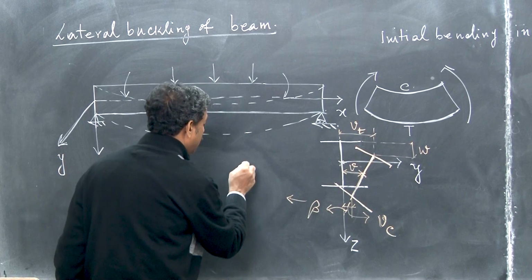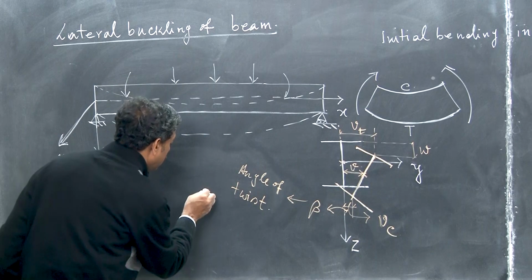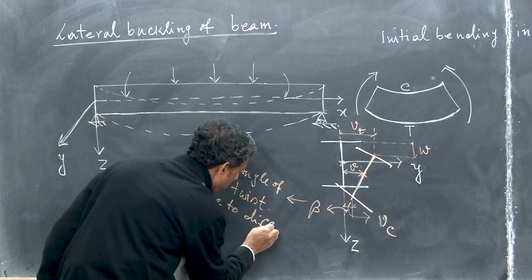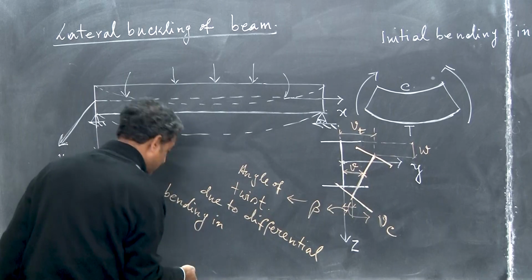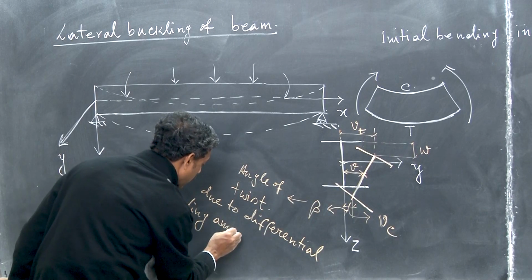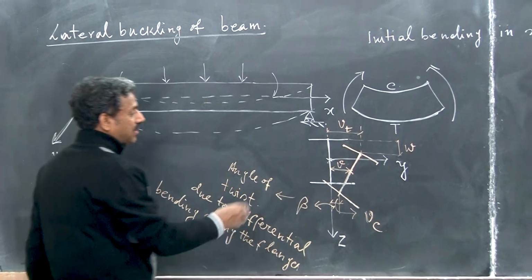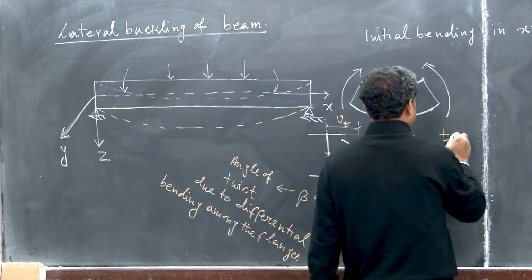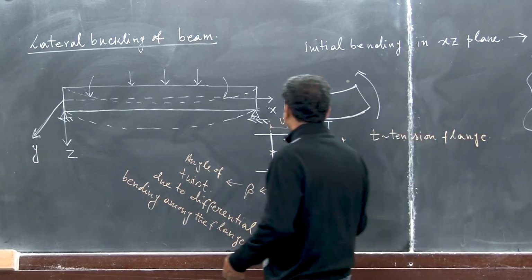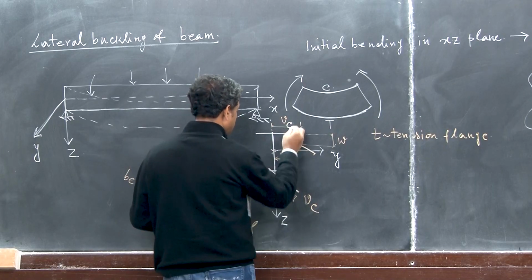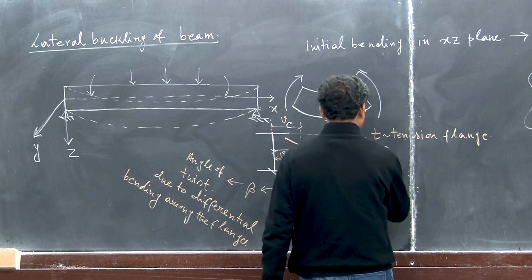Beta is the angle of twist, and this angle of twist is due to differential bending among the flanges, right. T is for tension flange and C is for compression flange. Sorry, the top one is not T, the top one is compression, C, and this is T.